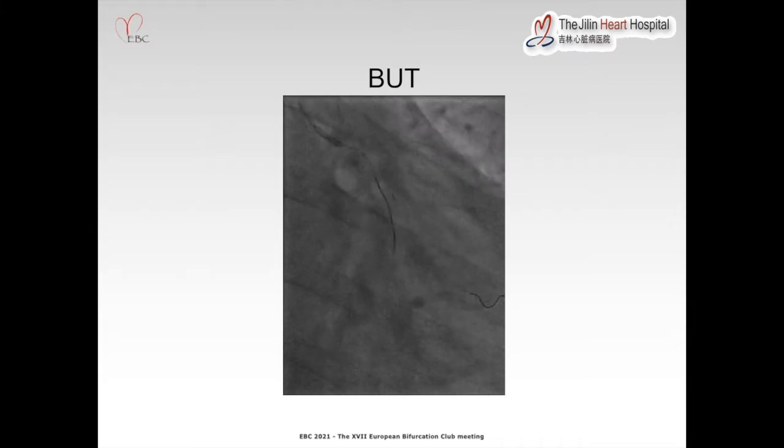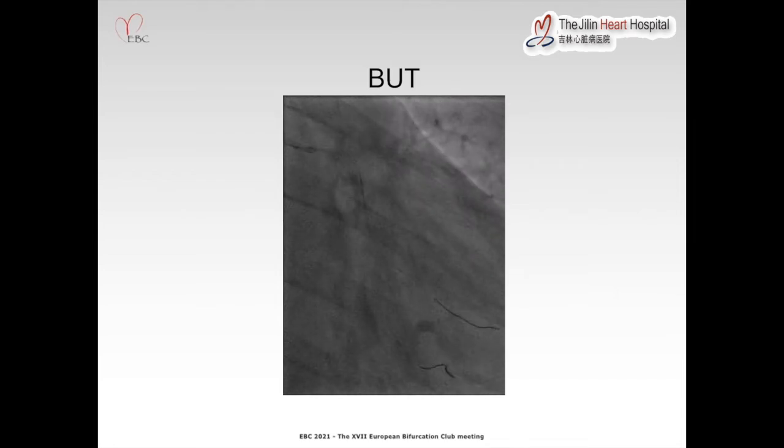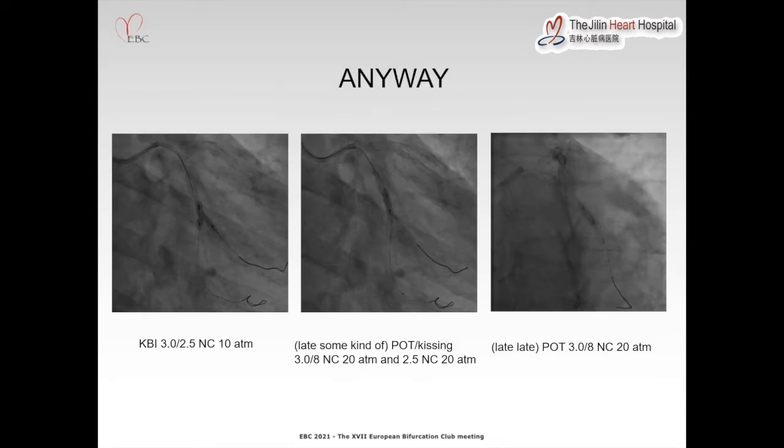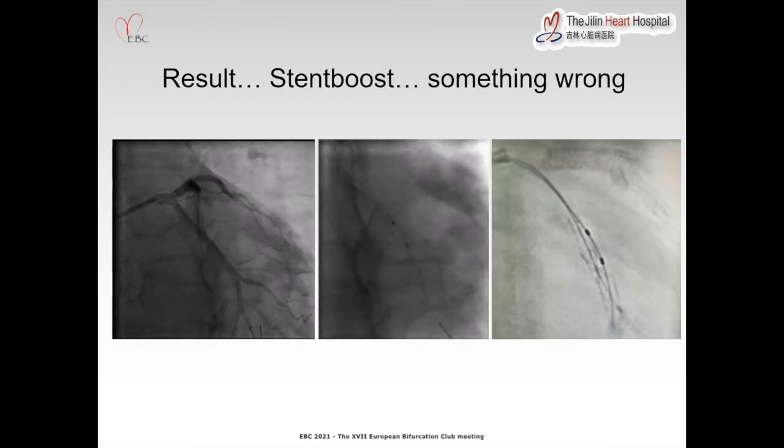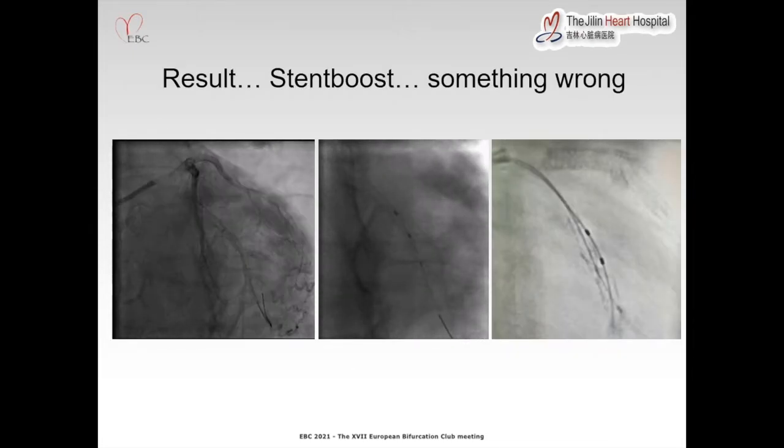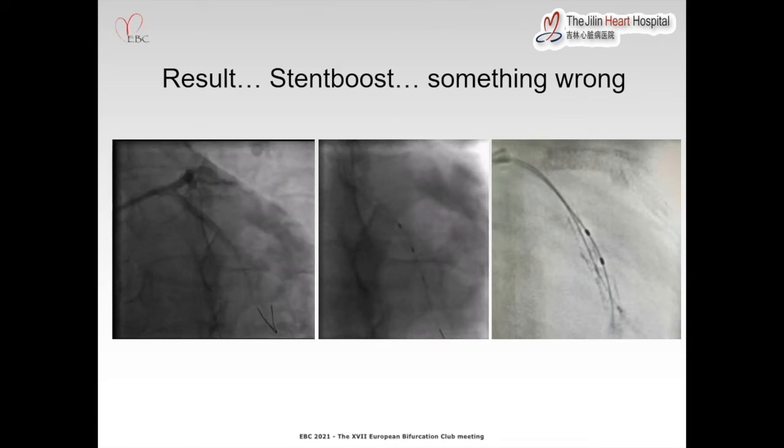It was too fast, and in some way he rewired. He did a kissing with a bigger balloon, kind of very late POT with a 3.0 balloon there, a very, very late POT then. And this was his result, but he had some doubt.